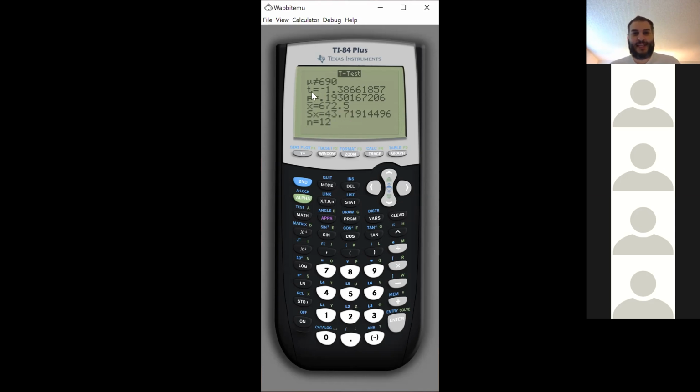The t-value we get is negative 1.39. And lastly, where it says p, that's my p-value, and this is a two-tailed test, of 0.193.